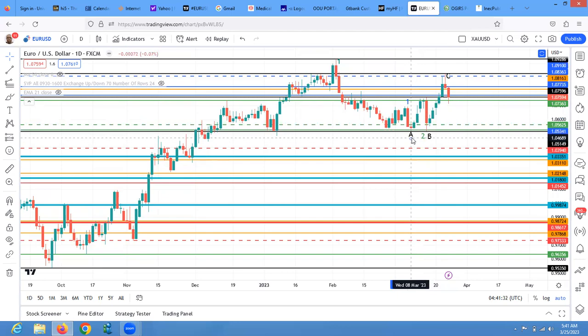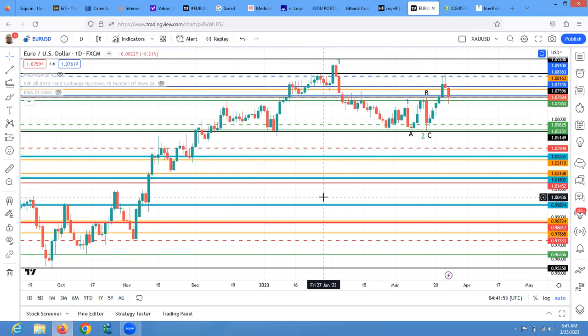The A, the B, and a C, which finished this correction, and that we are going to go up for further upside.